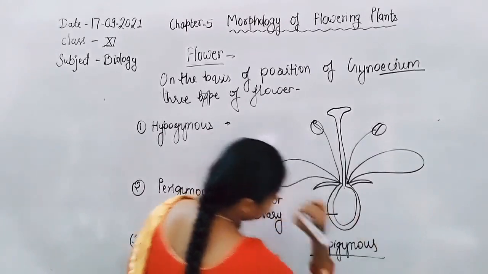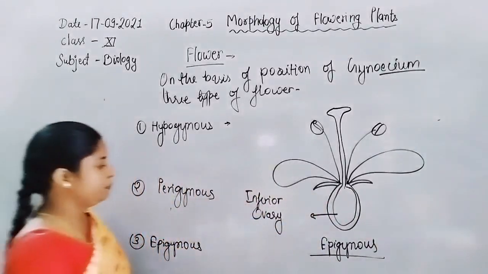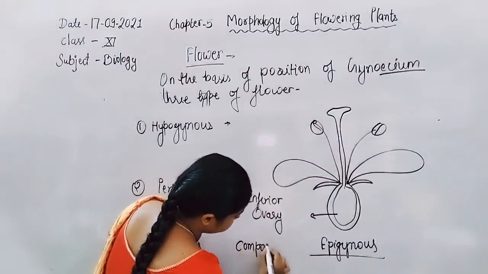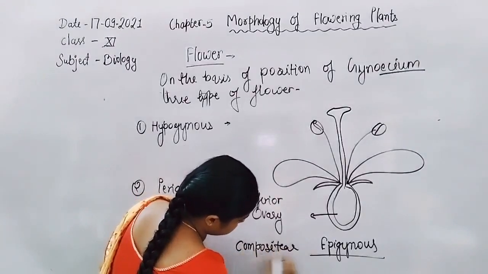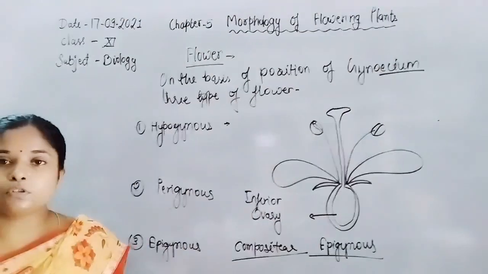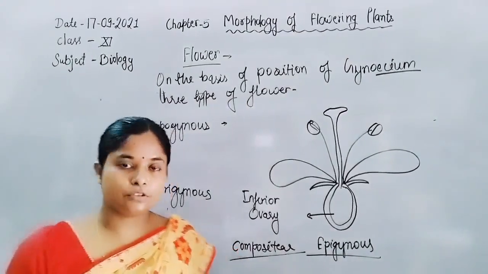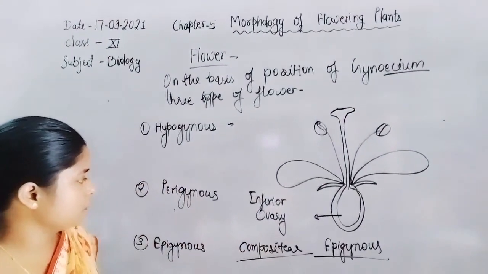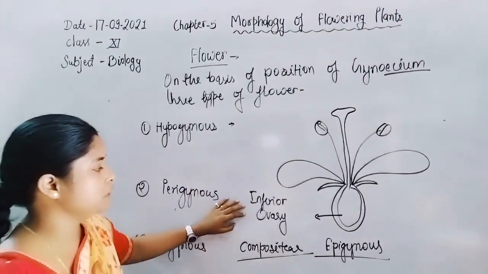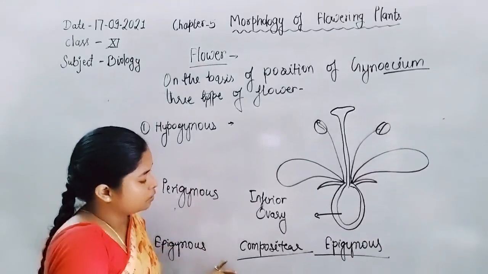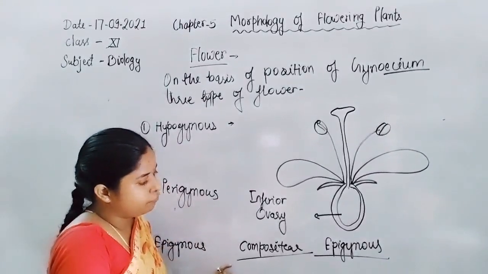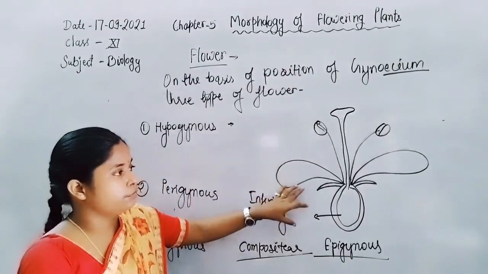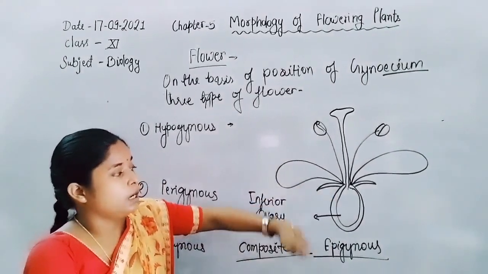Epigynous type of flower. Examples are the family Compositae. An inferior type of ovary is present in which the flower is epigynous type, because all the floral parts originate above the ovary.